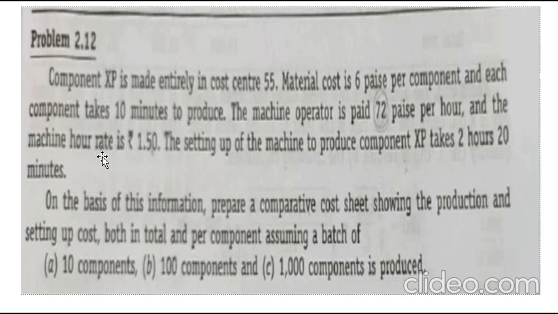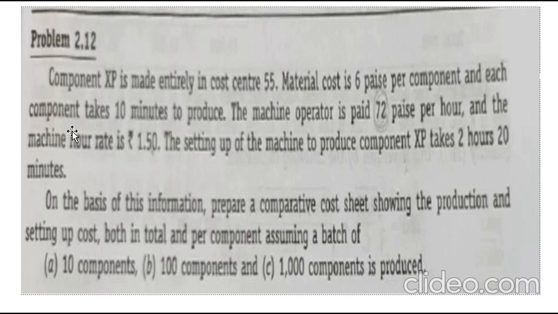For example, when a machine is running, there are employees who work for the machine, oiling of the machine, cleaning of the machine. So there are many expenses to be maintained on the side of machines. So the machine hour rate is given for the other overheads apart from the operator's charges.